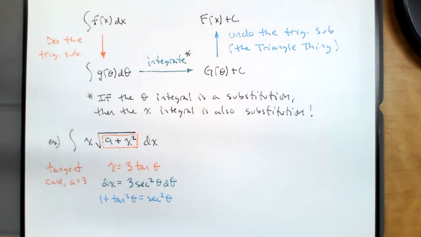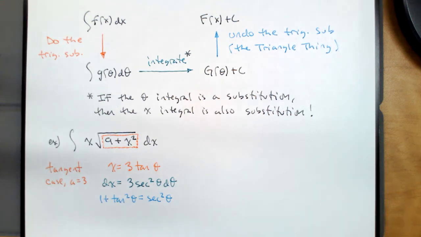That's why we're making the substitution 3 tangent theta, so that this 9 plus x squared will become 9 plus 9 tangent squared, and I can replace all that with 9 secant squared. That's the whole point of doing the trig substitution. And we're going to pretend that we didn't notice that this should be a regular substitution problem.